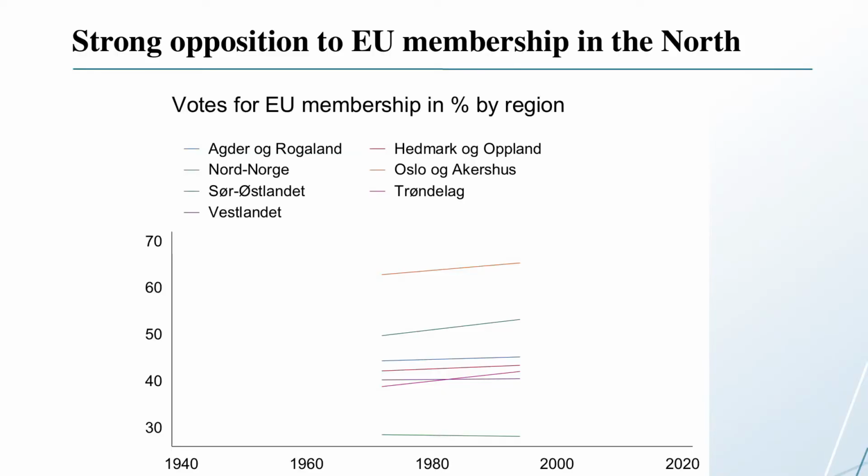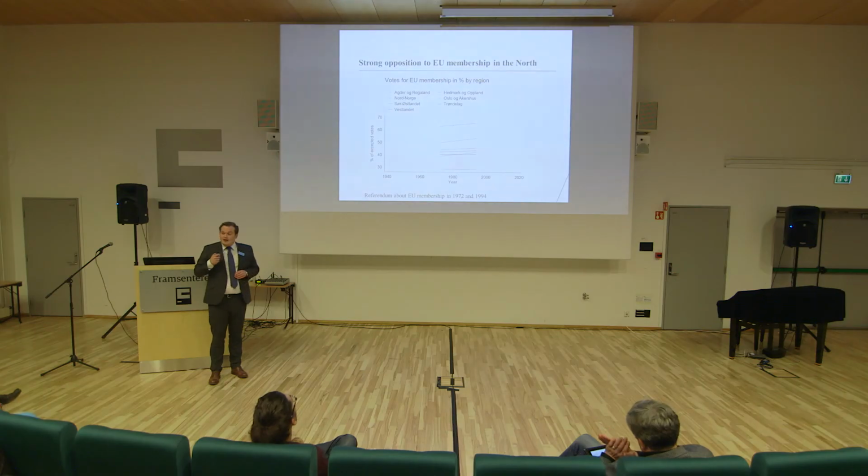So finally, I think the geographical and spatial dimension of politics is very interesting. In Norway, we have had 2 referendums about membership in the European Union. We voted no with 53% in 72 and no with 52% in 94.